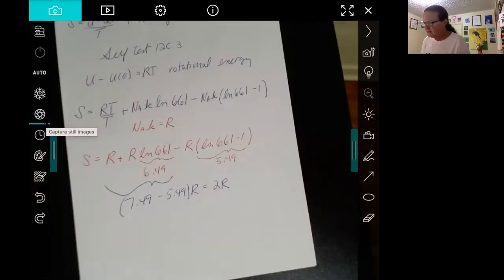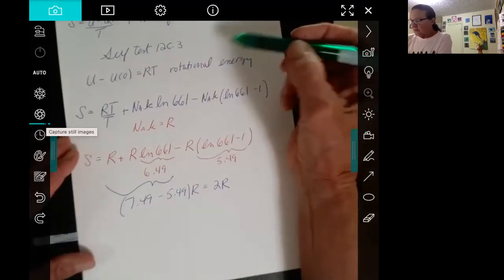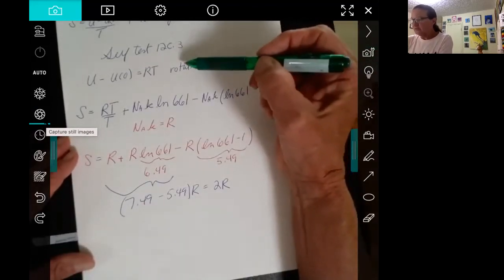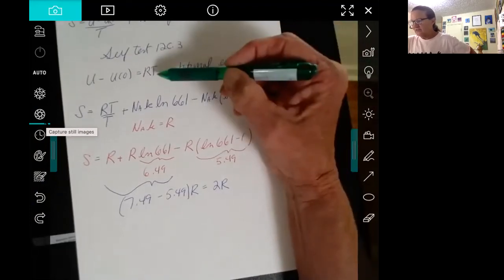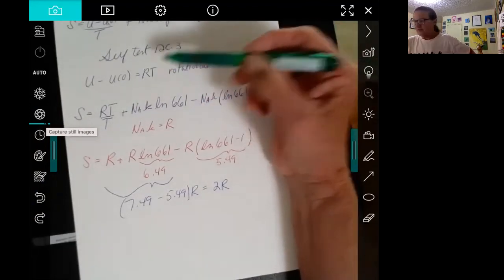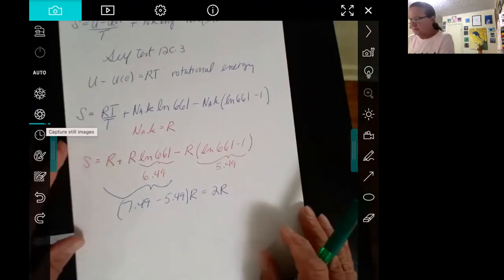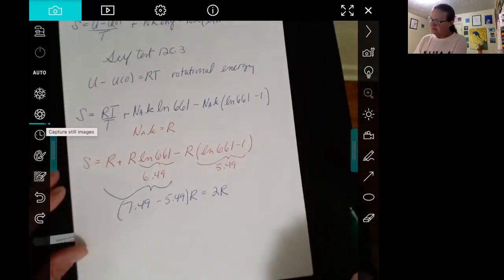It says the rotational partition function of an ethene molecule is 661 at 25 degrees C. What's the rotational contribution to its molar entropy? The molar contribution to its internal energy is just that RT factor from what we learned about the equipartition of energy.